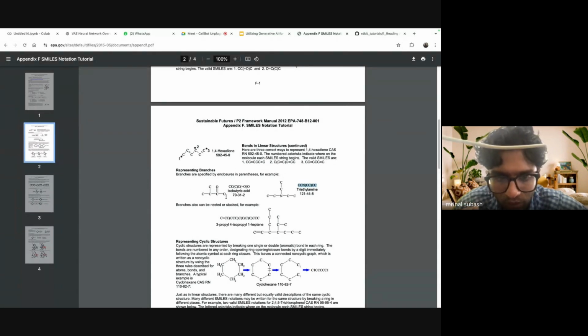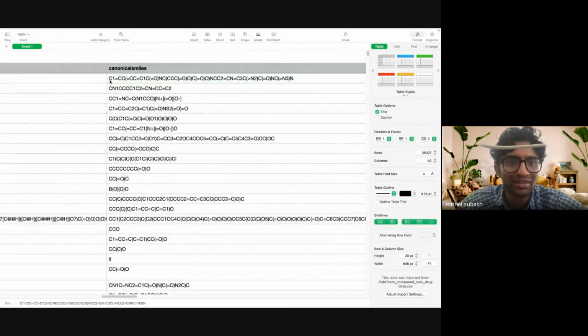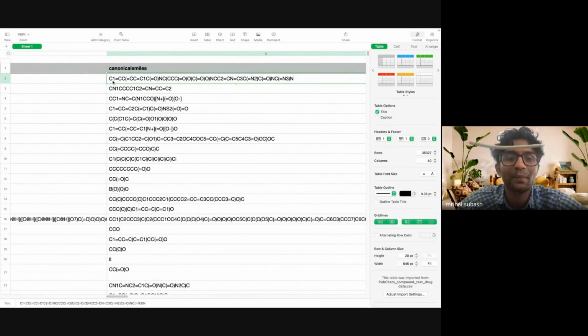The main line is CCO, and whatever is attached to it is the carbon and the oxygen atom. So SMILES follows that kind of rule. When you see C1, it means the first carbon atom in a benzene ring. Then you can see C2, C3. All of this means the carbon atoms of a benzene ring. That's what it denotes.